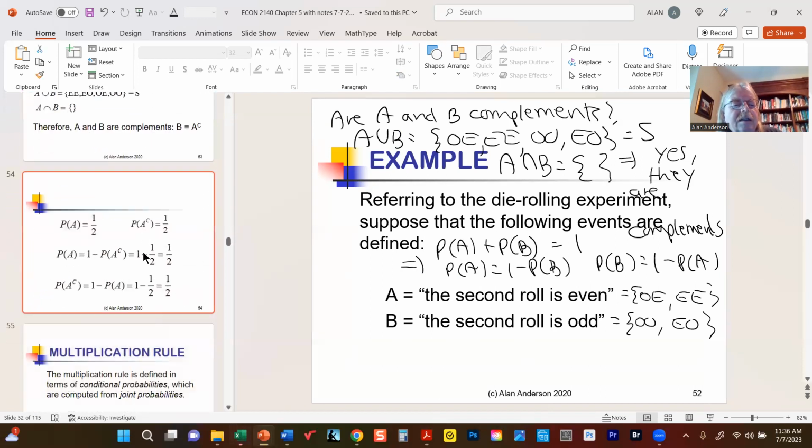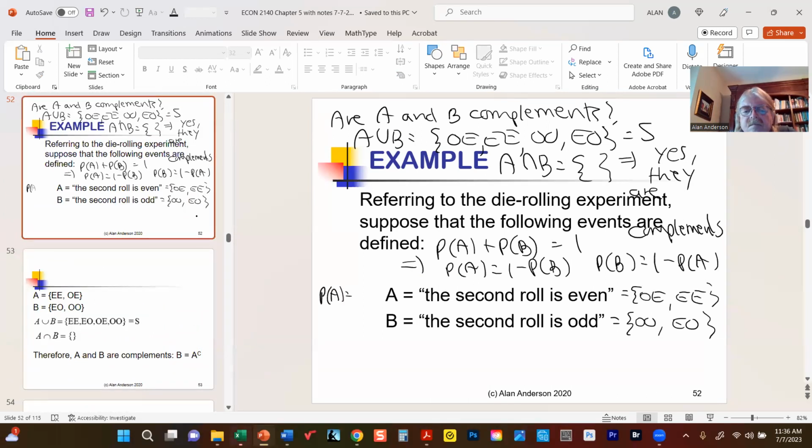Therefore, we're just going to demonstrate that by writing out the actual probabilities. Because the outcomes are equally likely, you can see that A and B both have the same probability of 1/2. And so, yeah, they're complements.